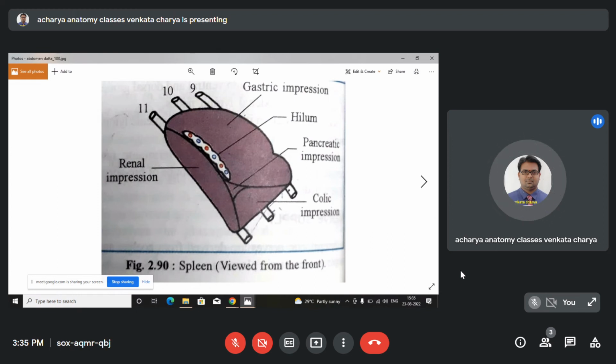Blood supply of the spleen. The splenic vessels.